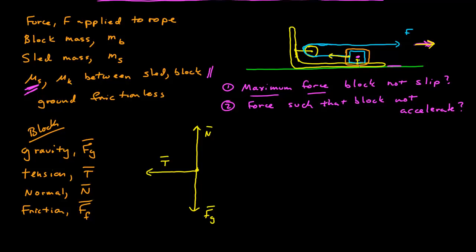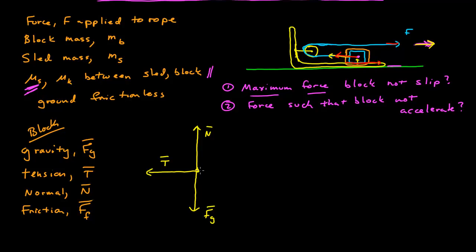Okay, what does that mean? So imagine there are no frictional forces here between the object, which is the mass, and the agent, which is the sled. So if there were no friction there, when I pulled on this rope, the block would move to the left relative to the sled, which means the frictional force points to the right.